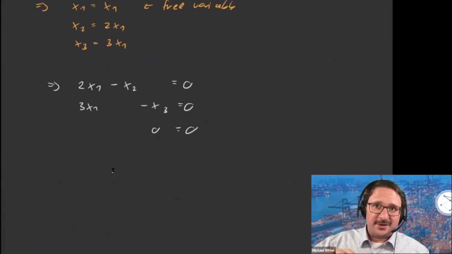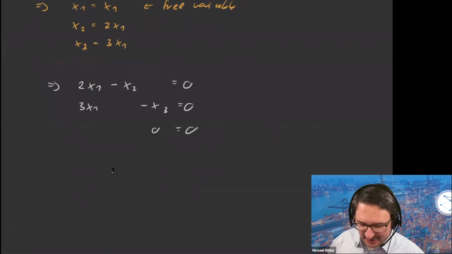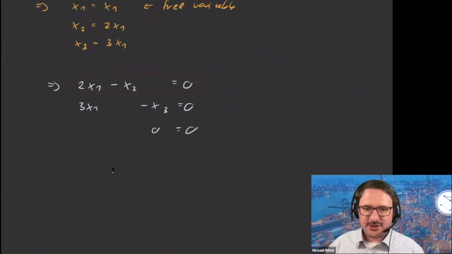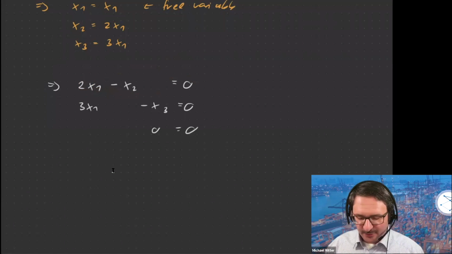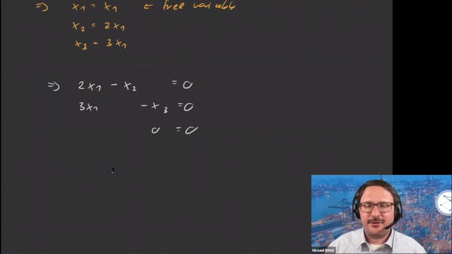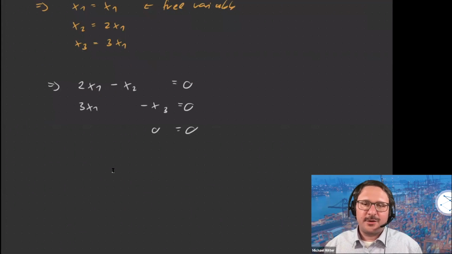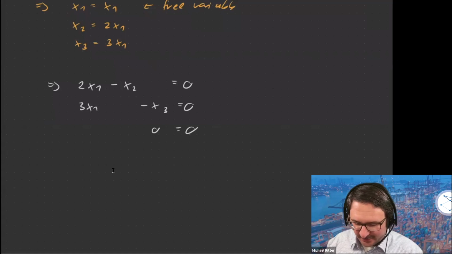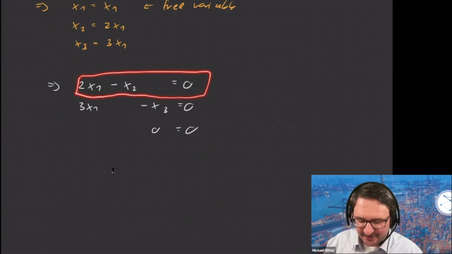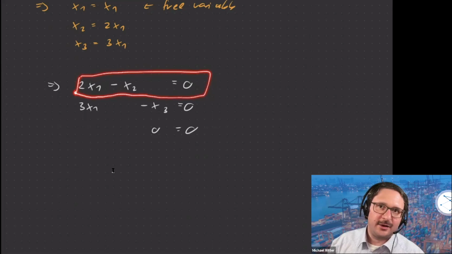Geometrically, each of these equations in R3 describes a plane. You remember that an equation with 2 variables in R2, which we had in the first problem, describes a line. In R3, the equivalent is a plane. So all points x1, x2, x3 that satisfy an equation like this lie on a plane.